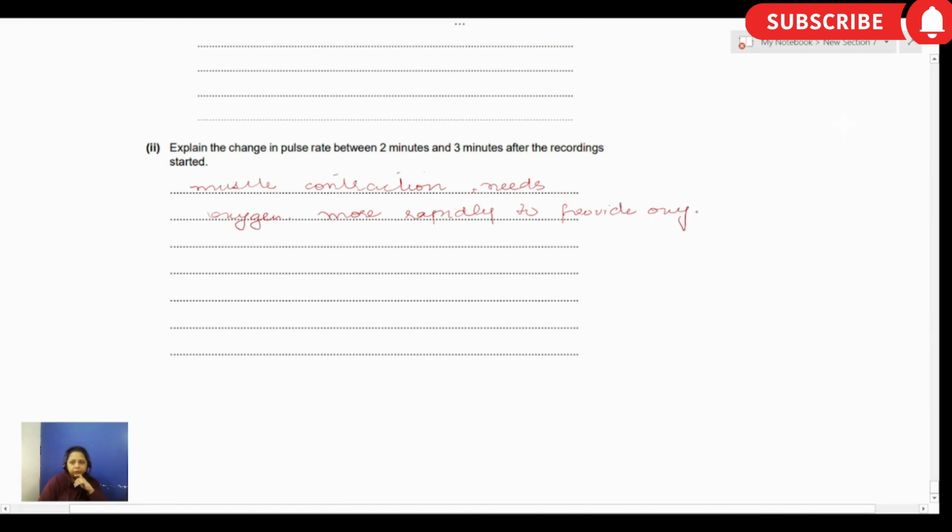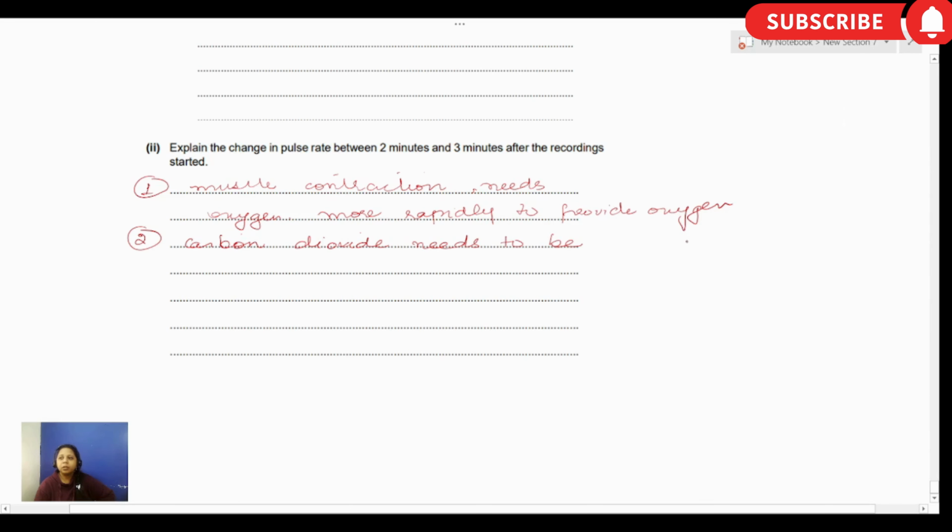What's the next point? If it's a 6-mark question, then you need to write according to it. This is 1 mark. What would be second? Definitely, if there is aerobic respiration, then there would be production of carbon dioxide. So this carbon dioxide needs to be removed more rapidly.